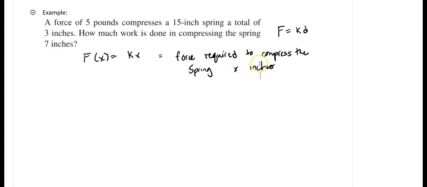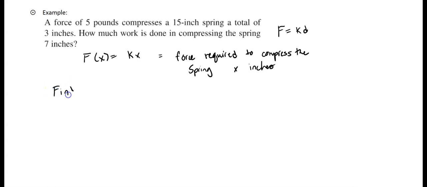So we're given a couple pieces of information. We're given kind of an ordered pair, if you will. A force of 5 pounds compresses a 15-inch spring a total of 3 inches. So it's not really an ordered pair, but it's enough information. What this allows us to do is figure out what K is for this spring.